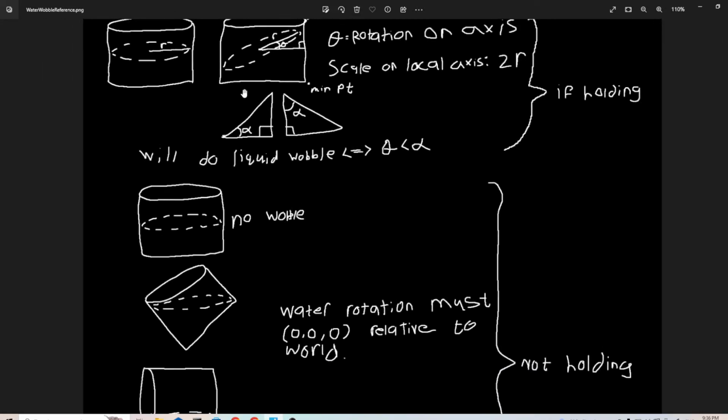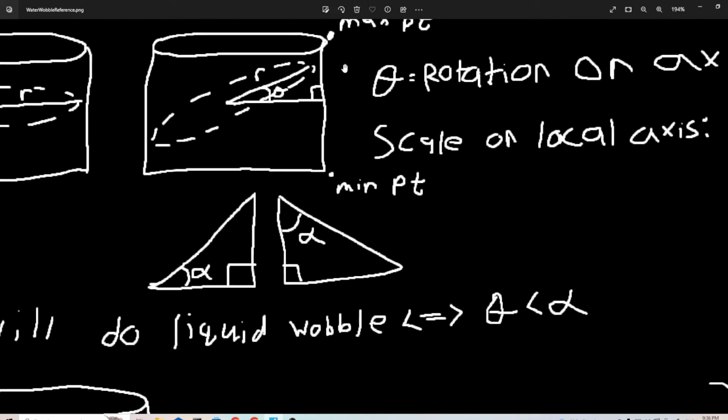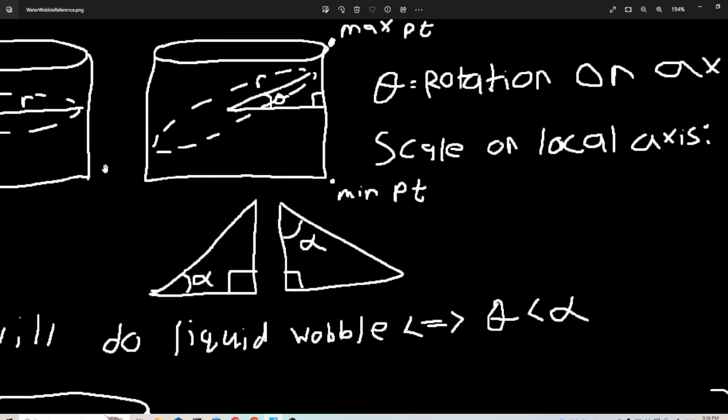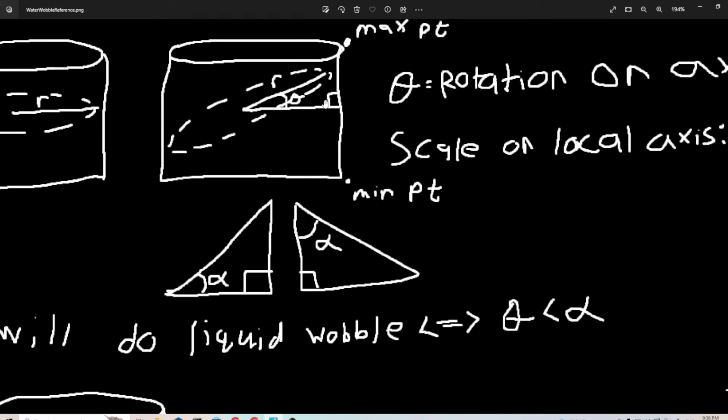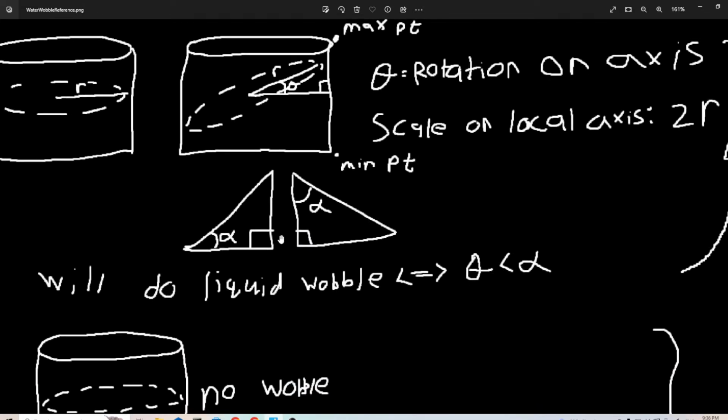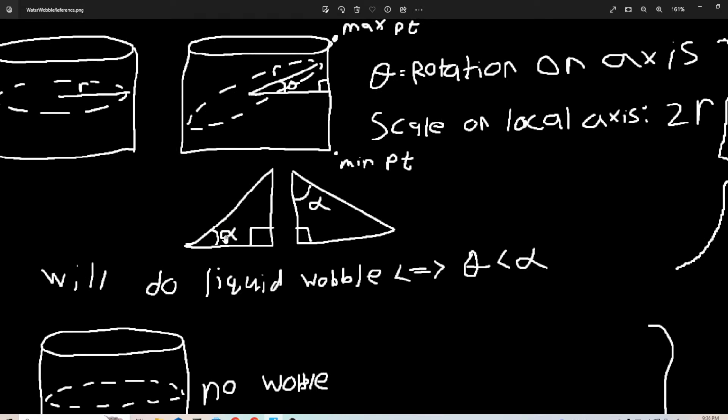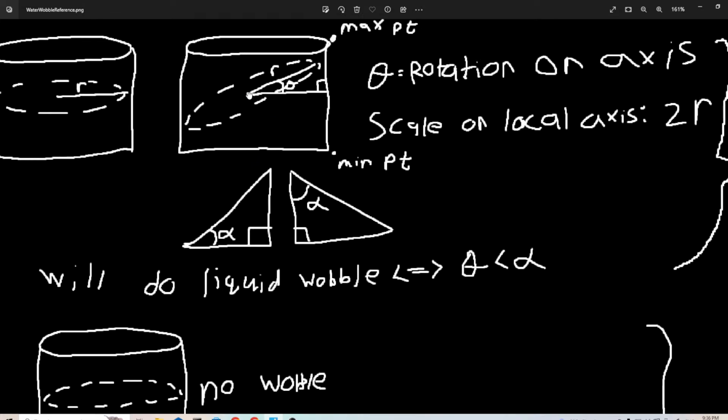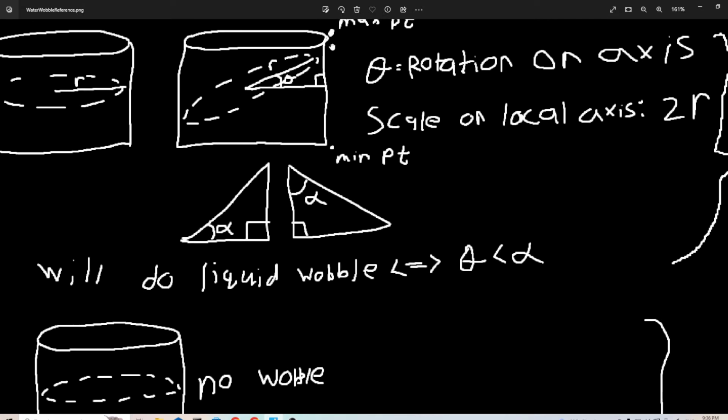Then basically we want to spill the water too. So if you move your mouse fast enough, and the angle is greater than this angle... okay, how do I explain it? It would be better if I had it drawn, but this angle here is another right angle triangle from this point to the max point.